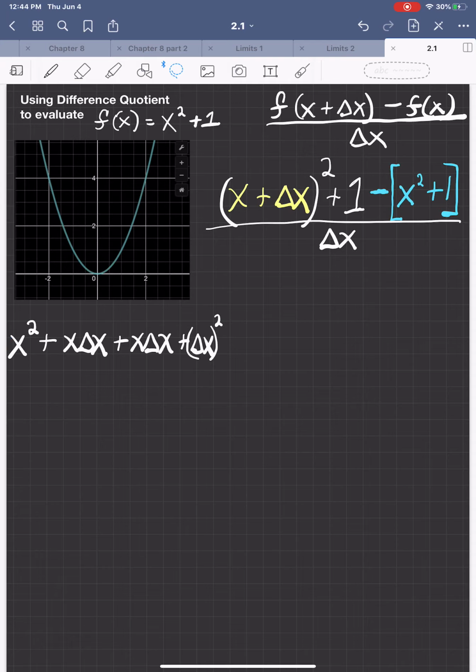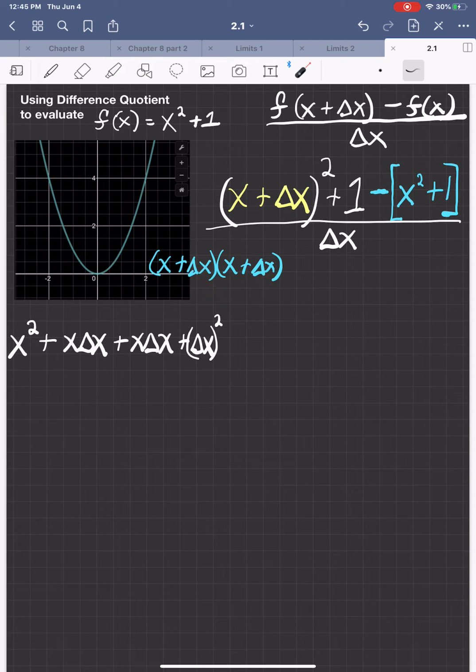Okay, so what just happened? Again, if you were daydreaming for a second, here's what just happened. I FOILed x plus delta x times x plus delta x. So x times x is x squared. x times delta x is x delta x. There's another x delta x. And finally, there's a delta x squared.